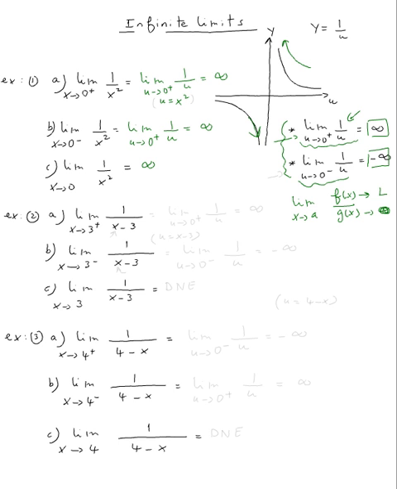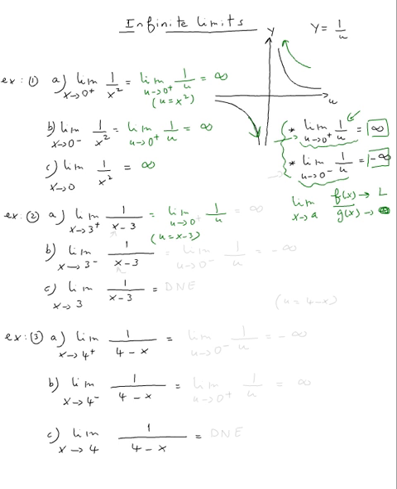Now for example 2, we need to do the limit of 1 over x minus 3 as x approaches 3 plus. This time we're going to let u equal x minus 3. So this is going to be a limit of 1 over u as u approaches 0.